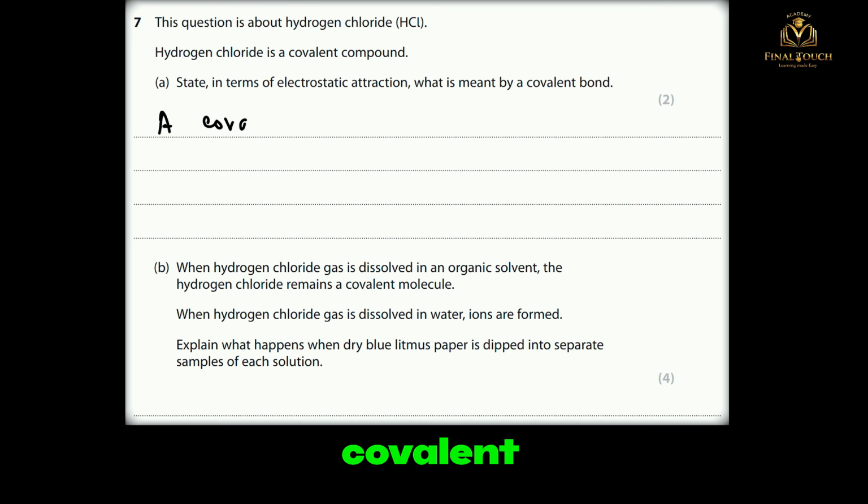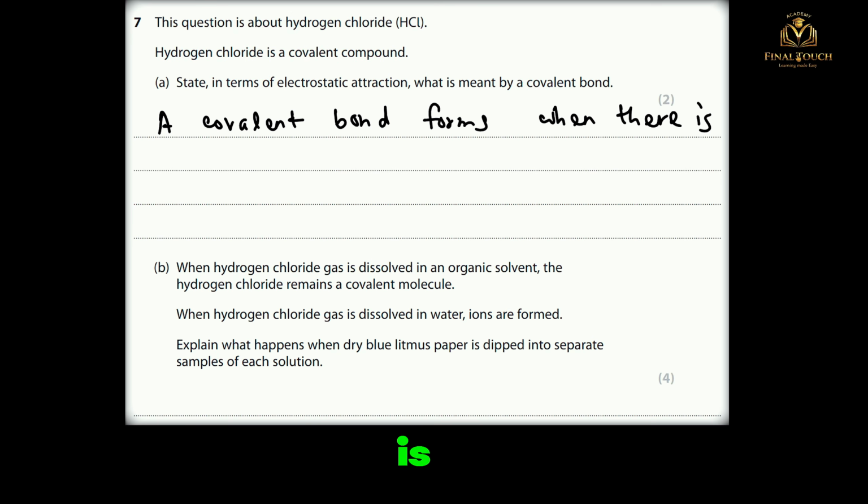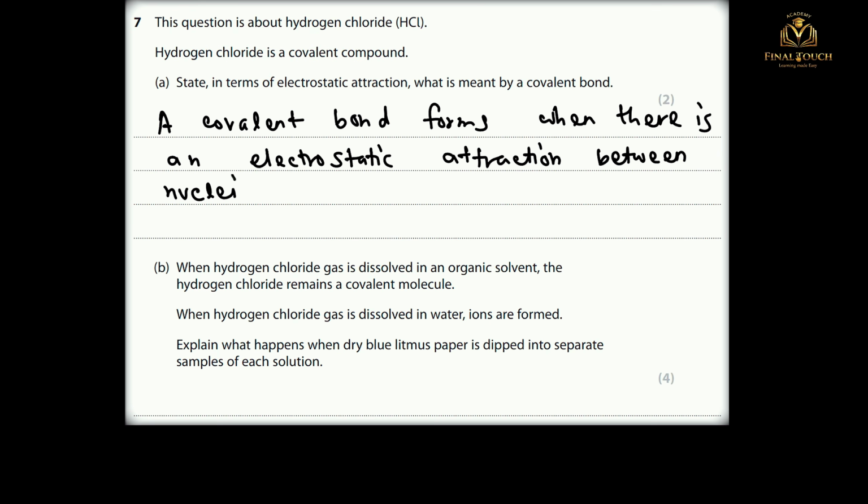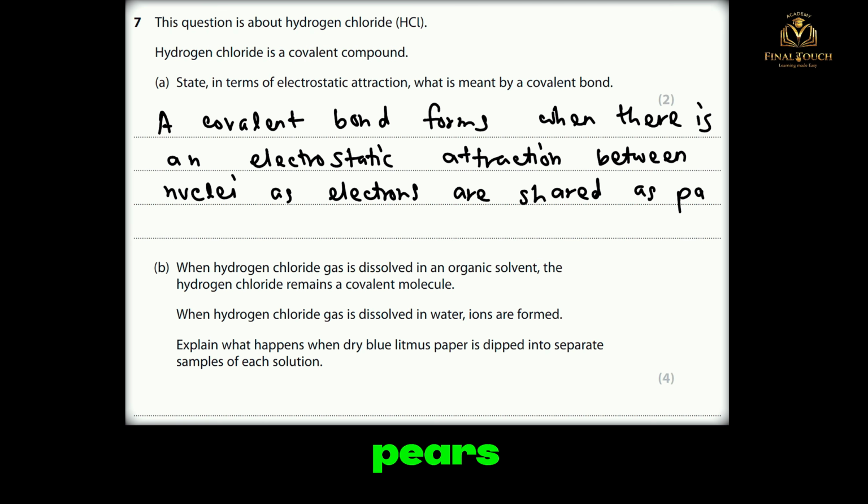So we can simply say a covalent bond forms when there is an electrostatic attraction between nuclei as electrons are shared as pairs. That's your answer for 7A.